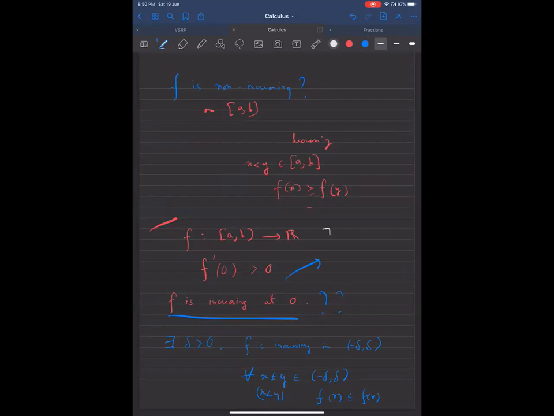that there exists, as you said, a delta neighborhood around 0, such that for all x in the delta neighborhood, if x is greater than 0, then f(x) is greater than f(0), and for all y in the delta neighborhood, if y is less than 0, then f(y) is less than f(0).